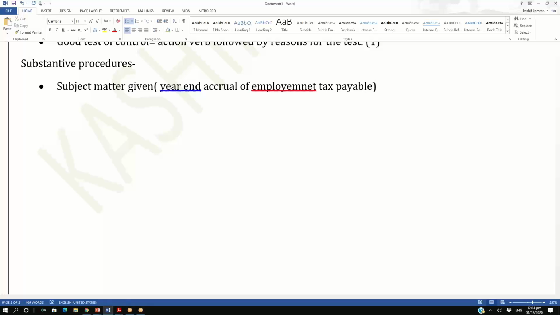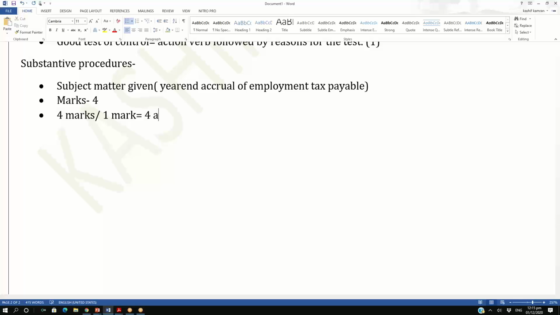Examiner after that will tell you the marks. The marks are 4. So you are very sure that every procedure is worth 1 mark in exam. So you have 4 marks. You divide that by 1 mark.